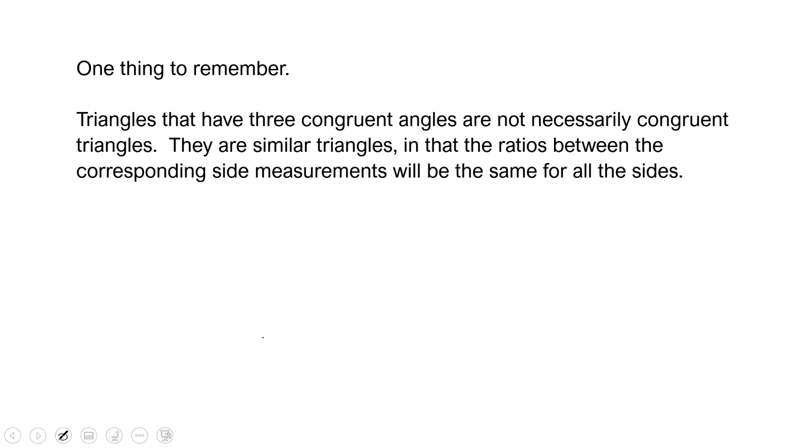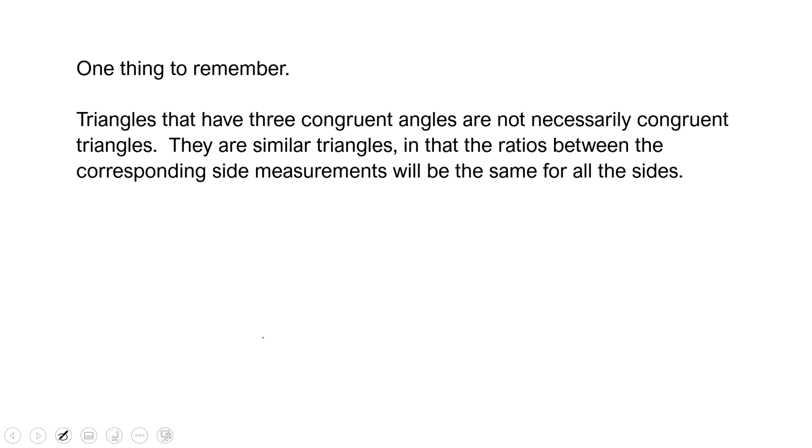Okay. One thing to remember, we talked about the three sides. We knew that triangles are congruent if all the sides and all the angles are congruent. We've also learned today that if the three sides are congruent, we can say the triangles are congruent. Unfortunately, we are not allowed to say that if we know the three angles are congruent. Just because the three angles are congruent, it's not going to make the triangles congruent. What it does do, though, is make them similar triangles. You can have the same three angles in a triangle and make the sides different lengths, and that's going to work.